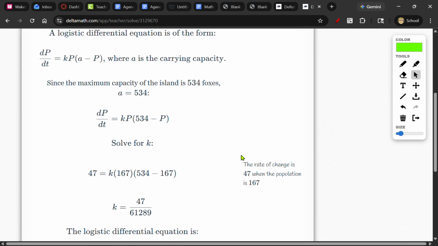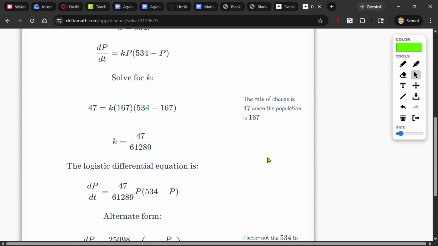And what the feedback in Delta Math shows you here is that in order to solve for k in this equation, right, you've got to plug in your 167 for P and your 47 for your rate of change of P, and then you can solve this for k. And you can use a calculator to get this crazy fraction. I don't expect you to do this in your head or on paper at all, but just take 47 and divide by all this in your favorite calculator, probably Desmos, and you'll get the right value of k.